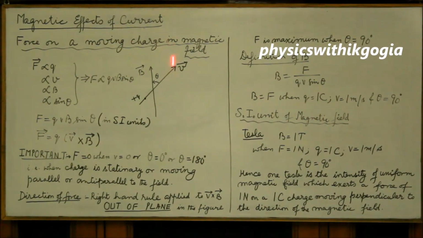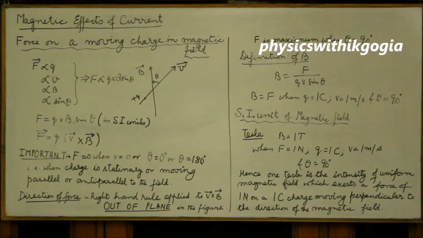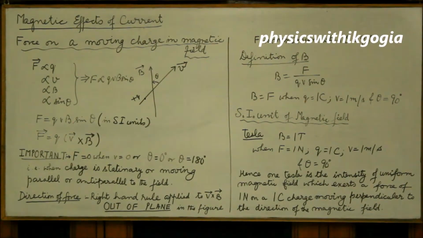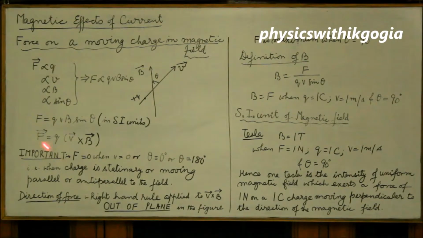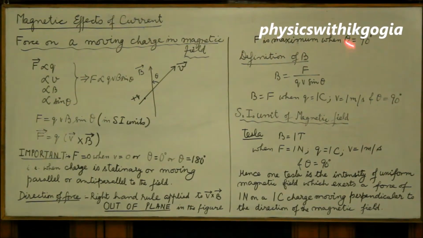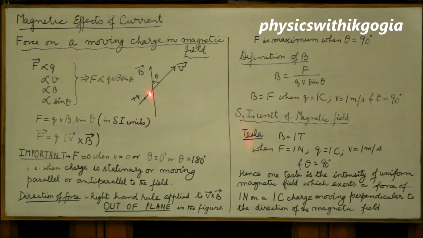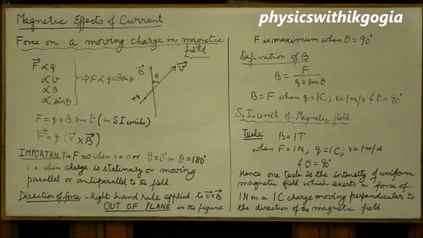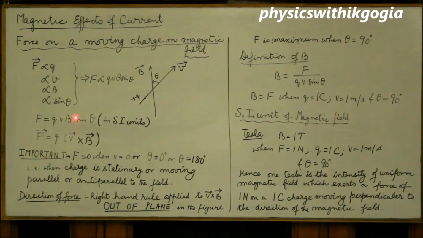If the field is upward and the charge moves downward, again the force exerted will be 0. The force is maximum when theta is 90 degrees, because in that case sine 90 will be 1 and the maximum force will be QVB.